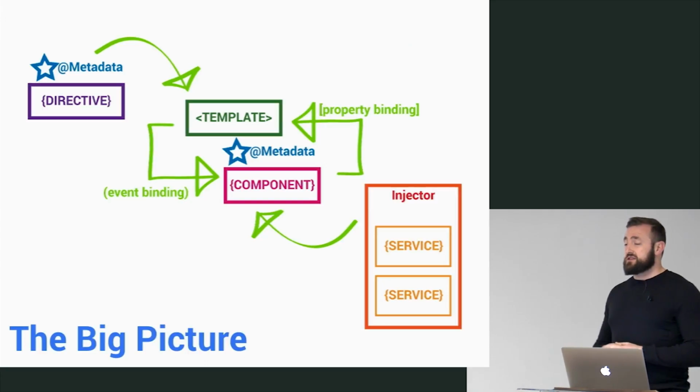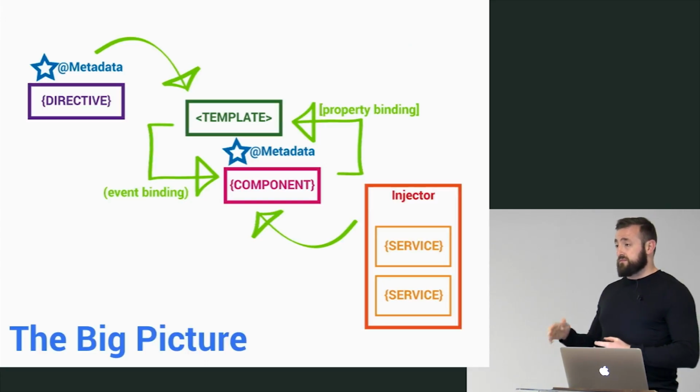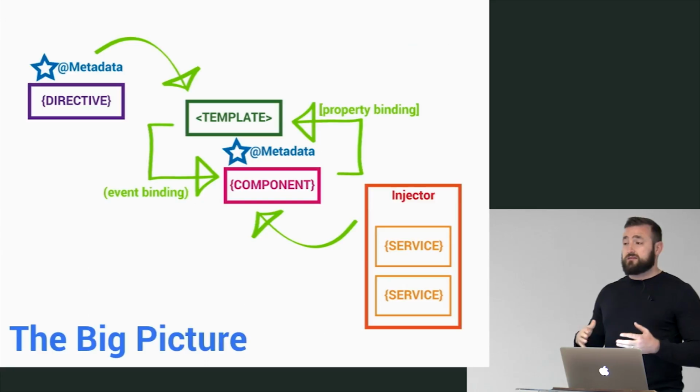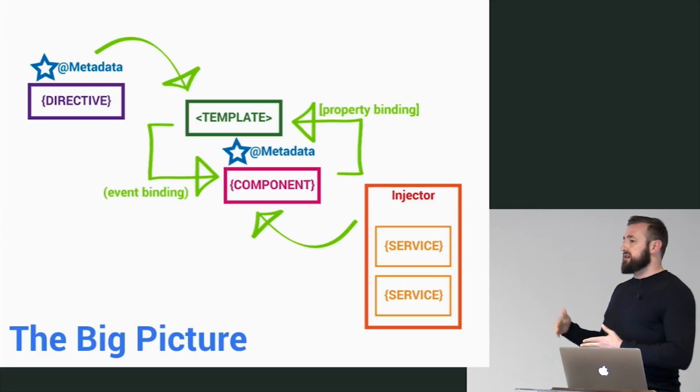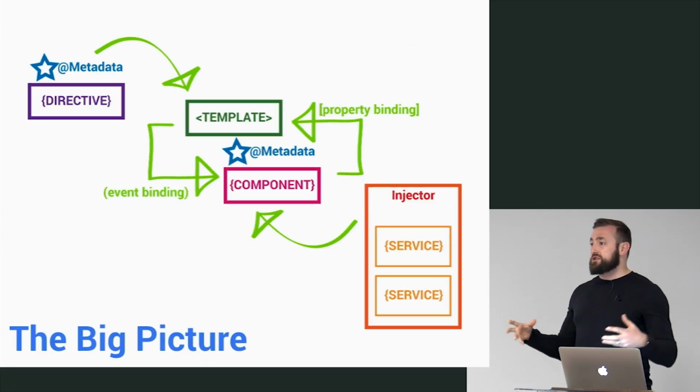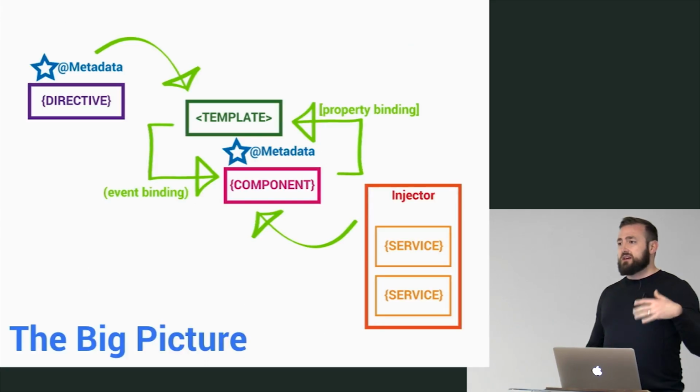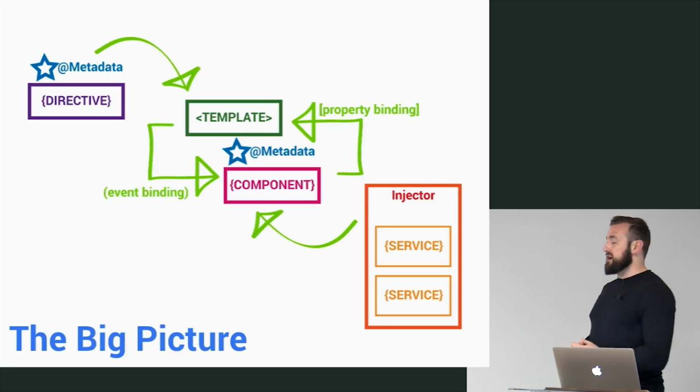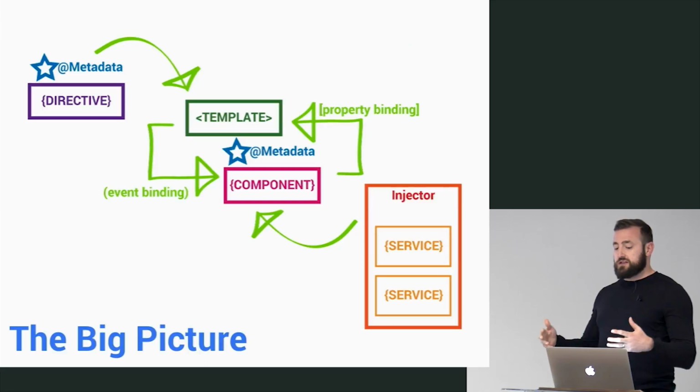Then they leverage a service to do that for them. For instance, any kind of server-side communication, any kind of rules engine or anything like that goes into the service, and then any kind of additional DOM manipulation would go into a directive.